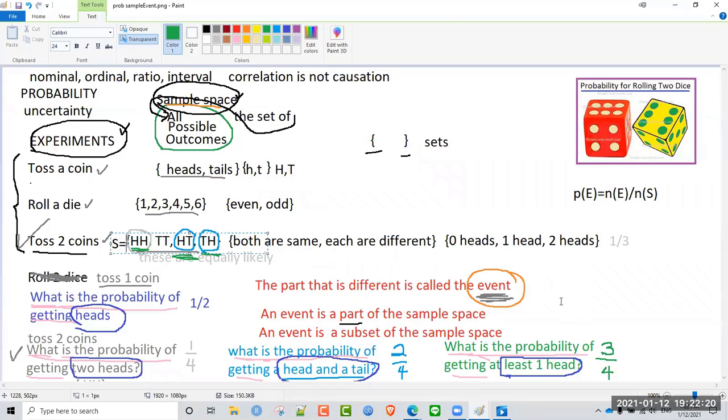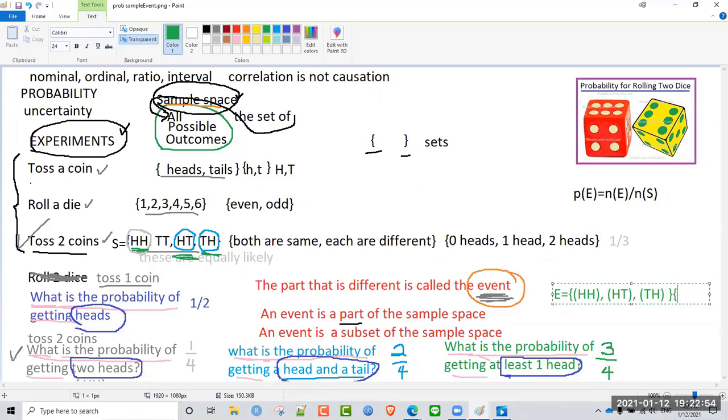So the event, let's call it E. E equals HH, comma, HT, comma, TH.